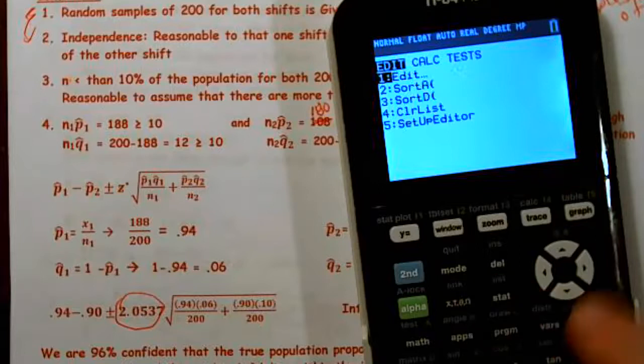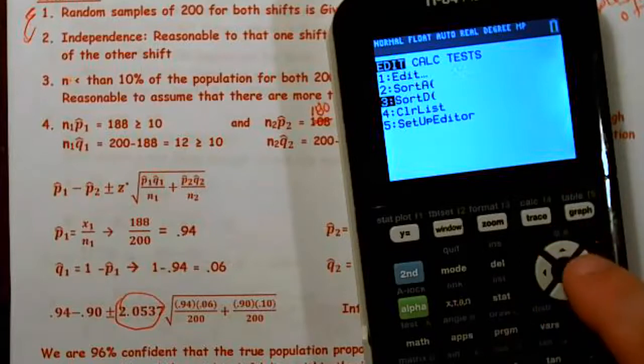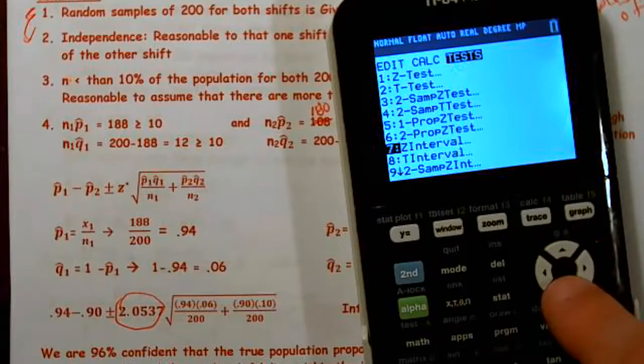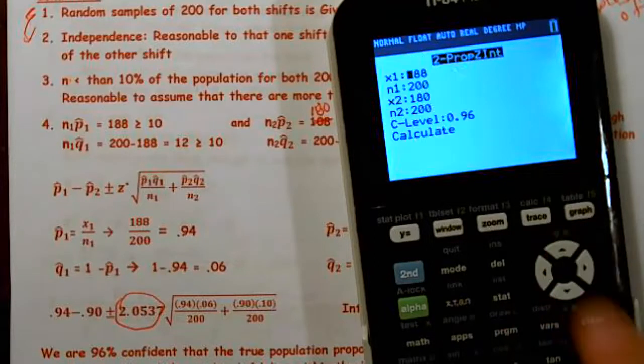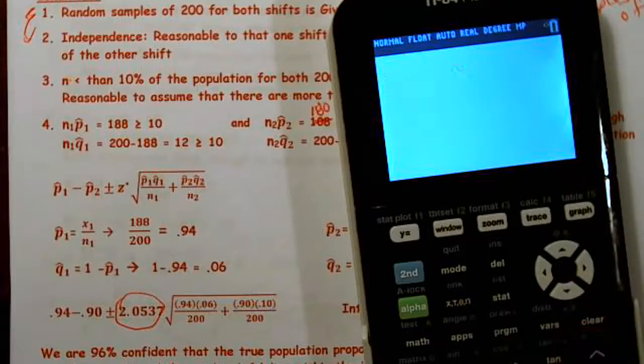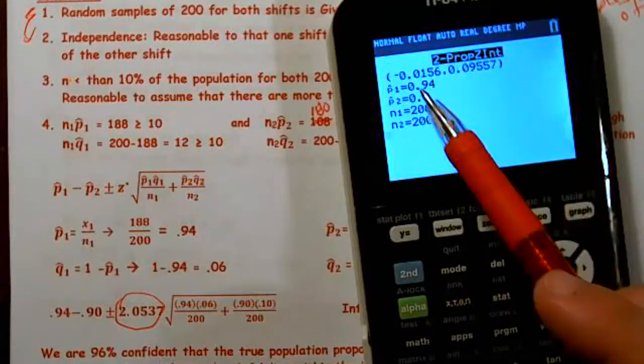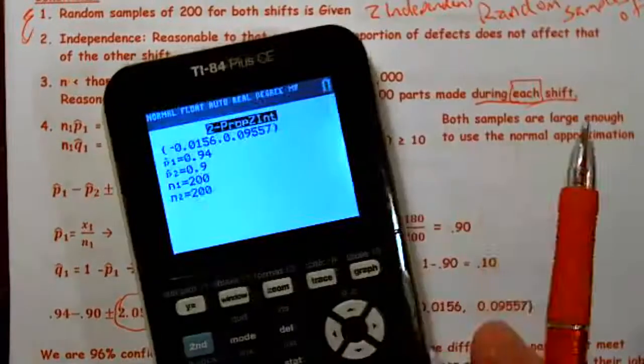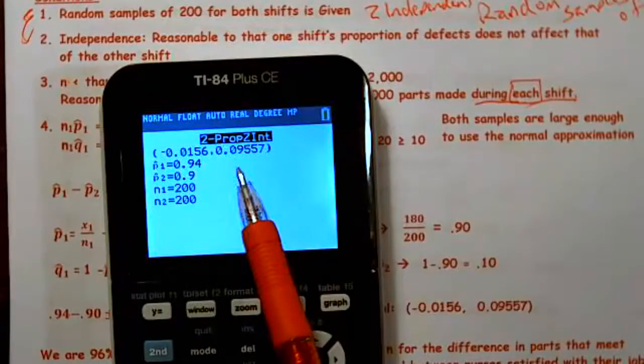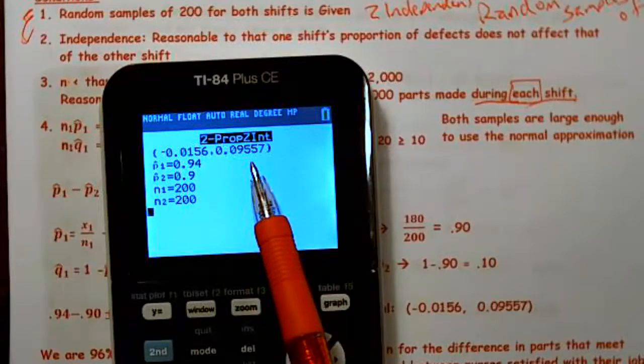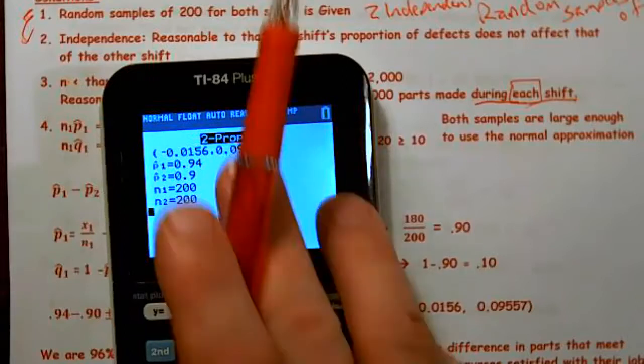And here we go. So we have negative 0.0156 all the way to 0.09557. So that's our interval.